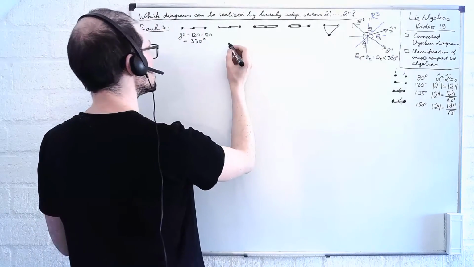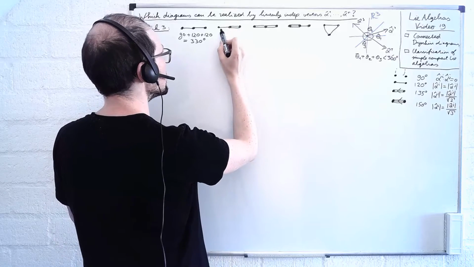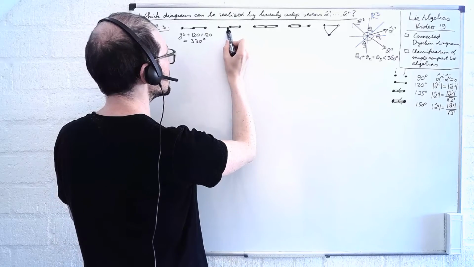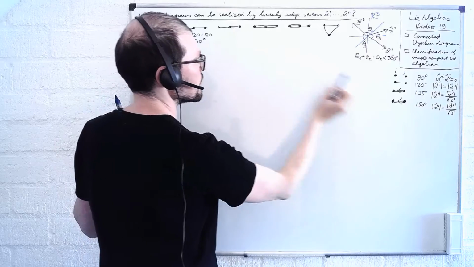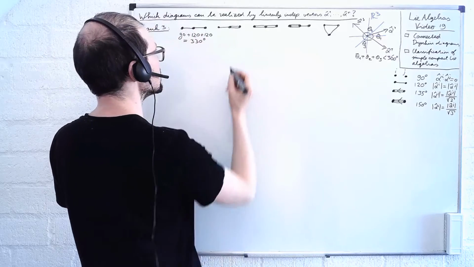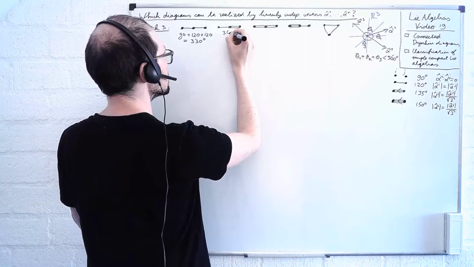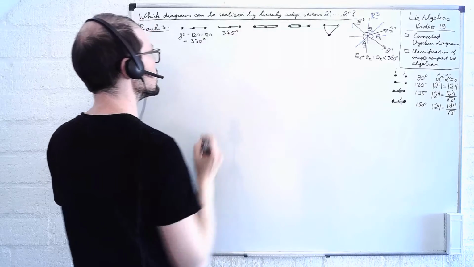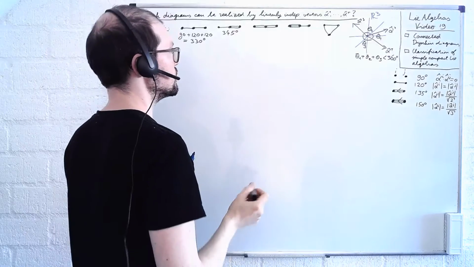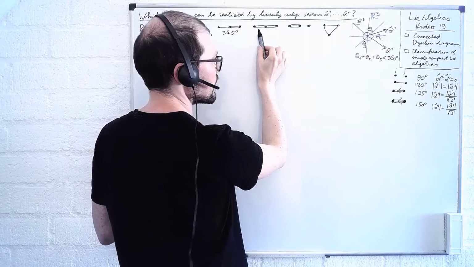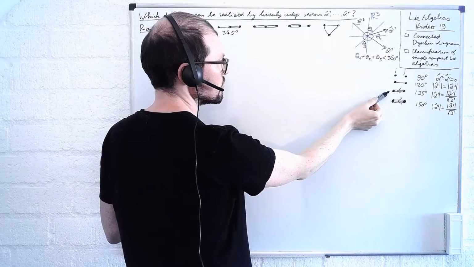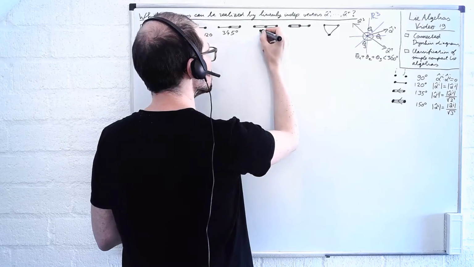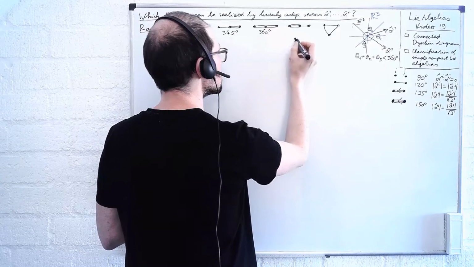How about this one? Now I have 90 for the outer two, 120, and then 135. That gives me 345 degrees total, so that is fine too. Here I have twice 135 plus 90, so that's 360.